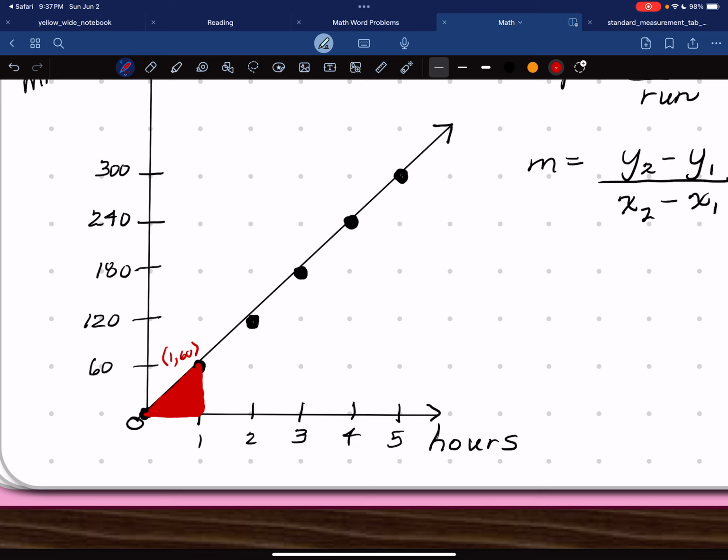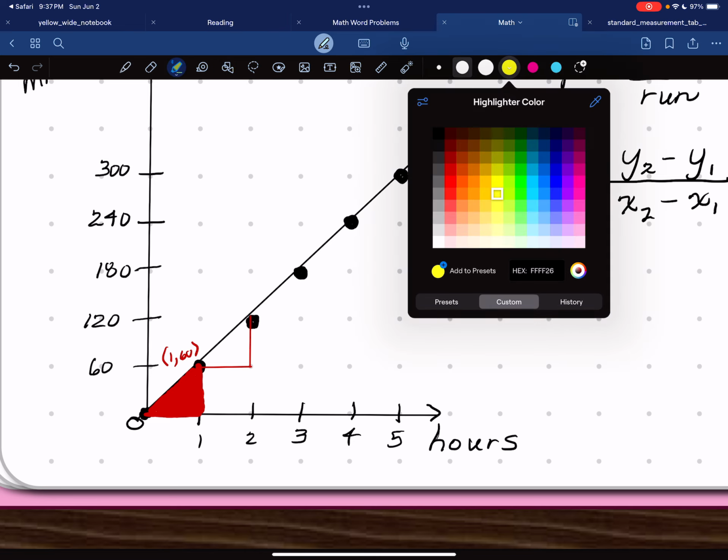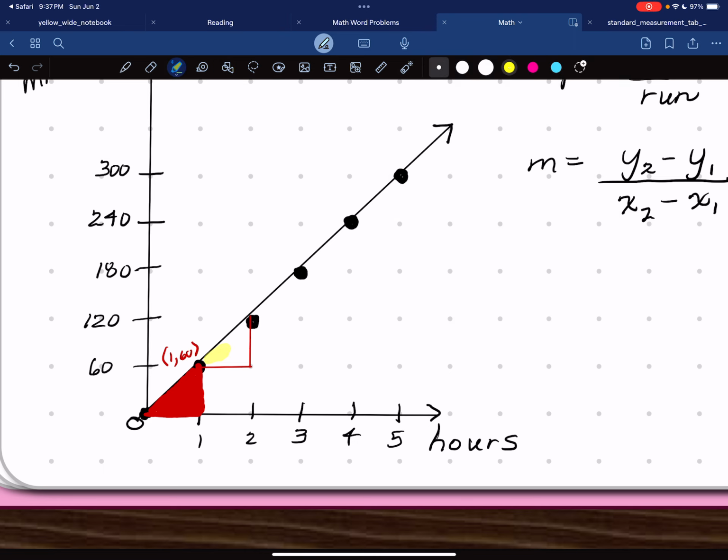Okay, so I'm going to run another one. So that's 1 over, up 60. Let me try not coloring it with that thing. Let's do it this way. Here's another one of my stair steps. So again, the stairs are exactly the same size. The steps are, I went over 1 and up 60.